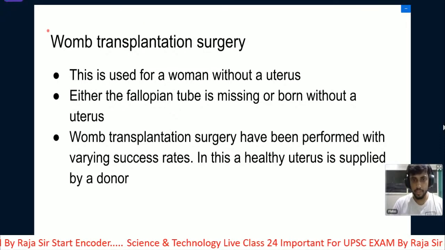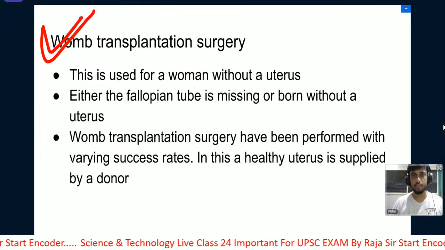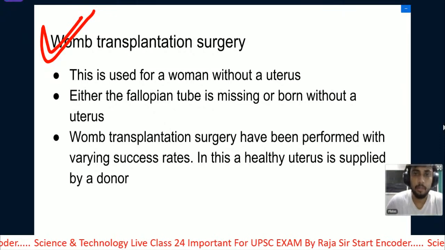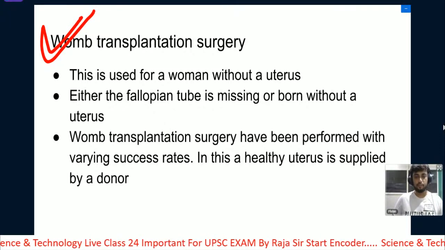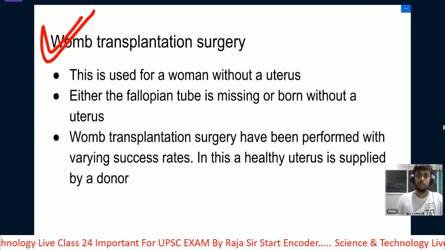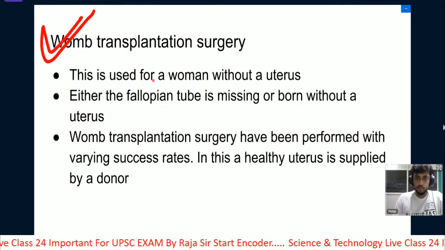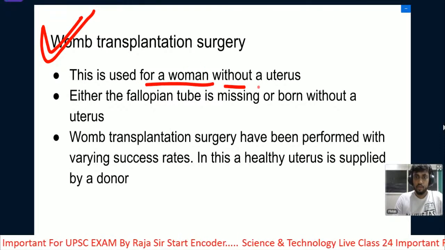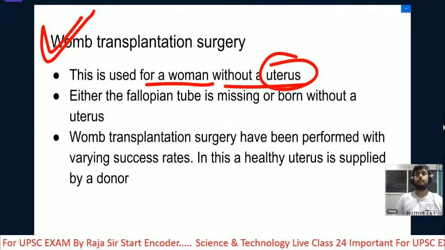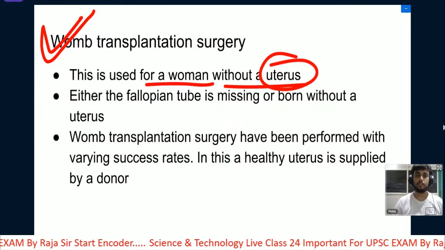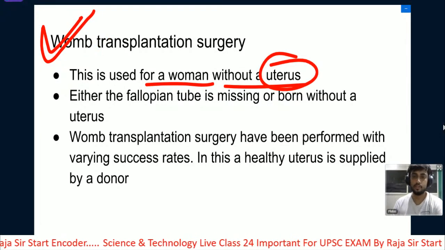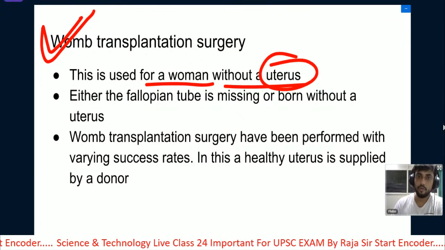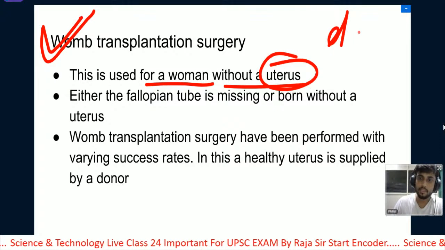Now we have one thing which is the womb transplantation surgery, and this is different from the artificial womb. This is used for women without a uterus. Those women who do not have a uterus, this womb transplantation surgery is used for such women, and in this case there is a donor.